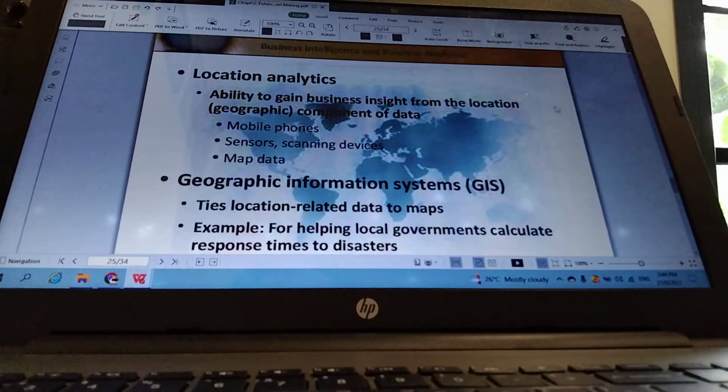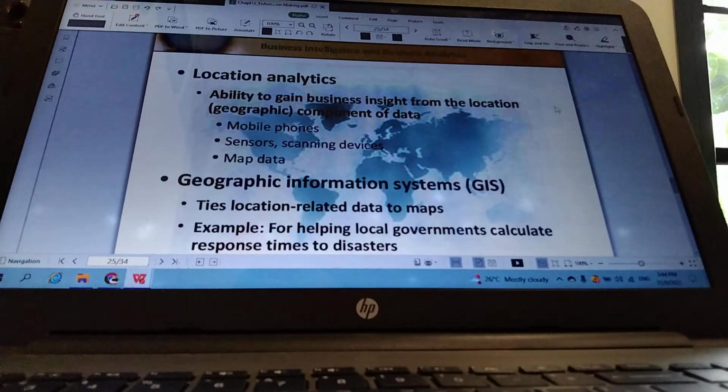So devices such as sensors and scanning devices, like for example CCTV and many other scanning devices, are part of the infrastructure, and also the maps provided by service providers like Google, Waze, and so on, for the same purpose.